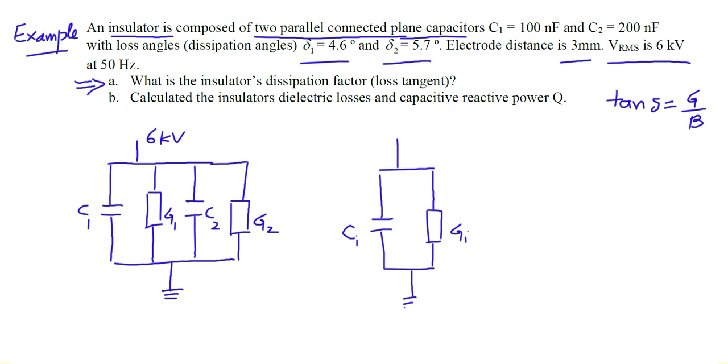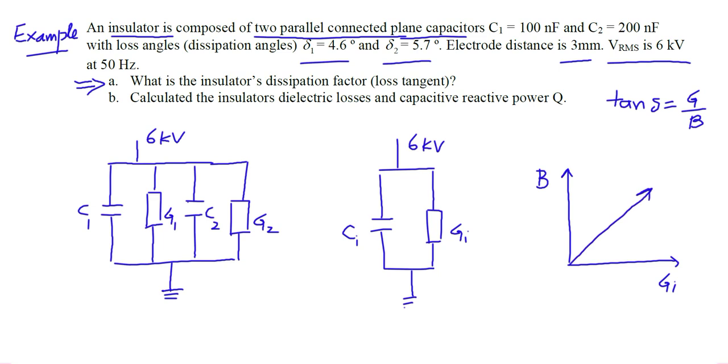And if we draw the phasor diagram, and here we have 6 kilovolt, the phasor diagram will look like this. On the horizontal axis, we put GI, and on the vertical axis, we put susceptance.